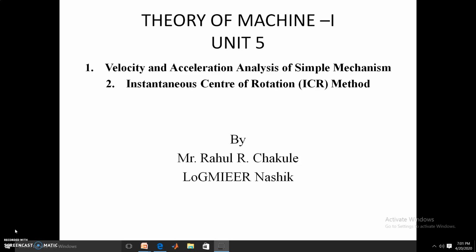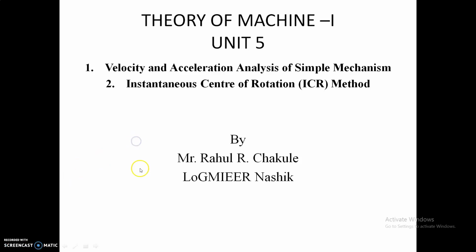In the previous video, we discussed the 4-bar mechanism problem by the same relative velocity method. Now let us see the problem of slider crank mechanism by relative velocity method.